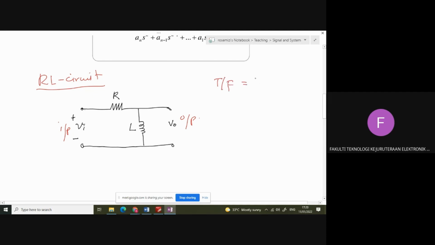It's equal to Laplace of output divided by Laplace of input. For this circuit, our input is voltage and the output is the output voltage. So the transfer function is, for example, G(s) is equal to Vout(s) divided by Vin(s).